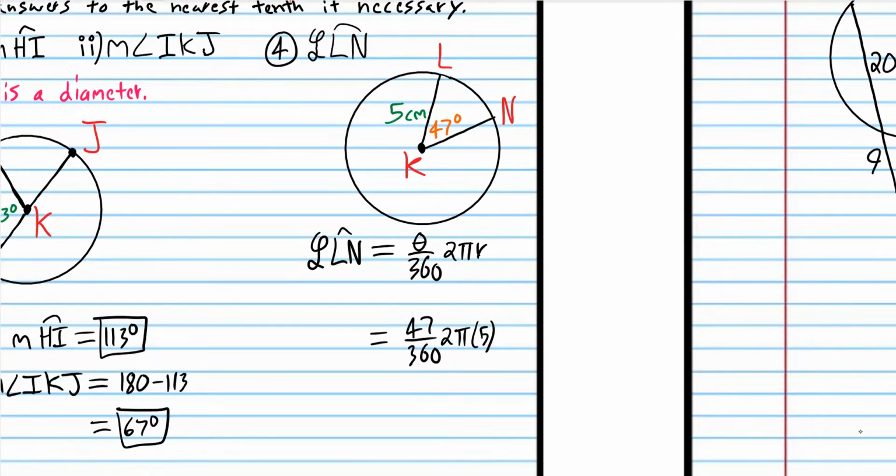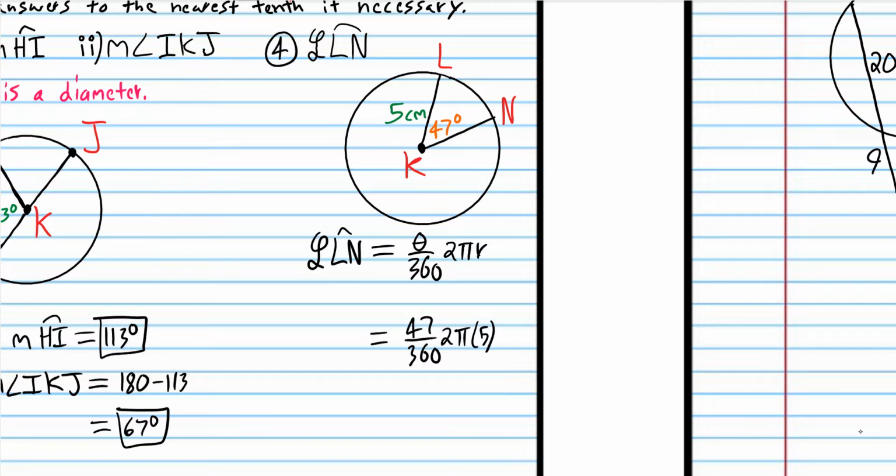So at this point, I don't really require any more work to be shown. You can just use your calculator. There are various ways you can do this, but I'm going to take 47 in my calculator, divide it by 360, push the equal button, then times 2 equals, then times the pi button equals, be sure to use the pi button, and then times 5 equals.